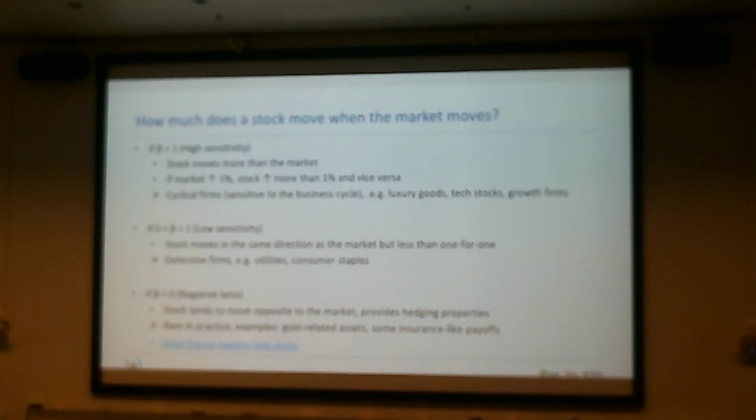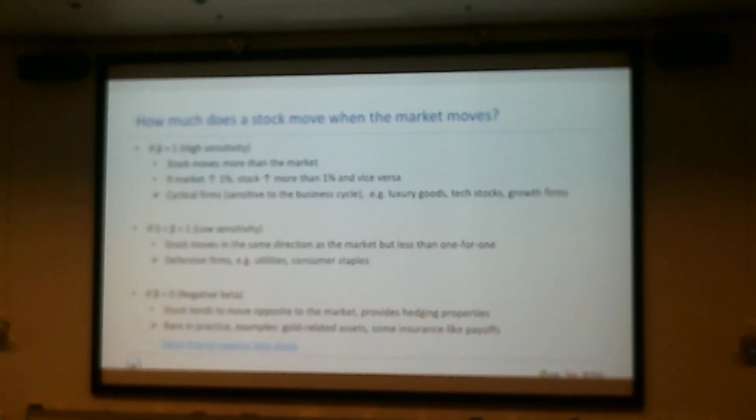An example for this are very cyclical stocks. Usually these are luxury goods, things that go well when the overall economy is going really well. Think about if you get a bonus check, maybe you think about what to do with the money. Maybe you go on a very expensive holiday, maybe you buy another TV, things like that you can really afford when you have extra money.